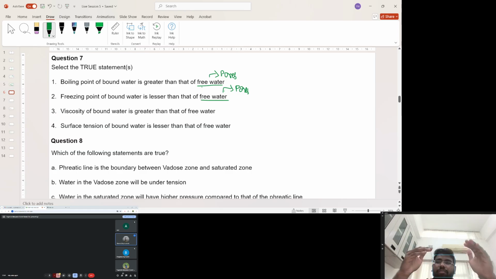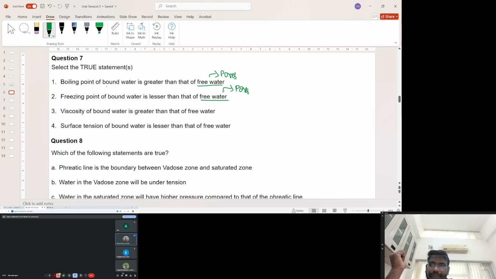That is not the case with bound water. Bound water is attracted towards the grain by electrostatic forces, usually hydrogen bonds. So for converting that bound water into vapor, you need extra energy to be supplied.